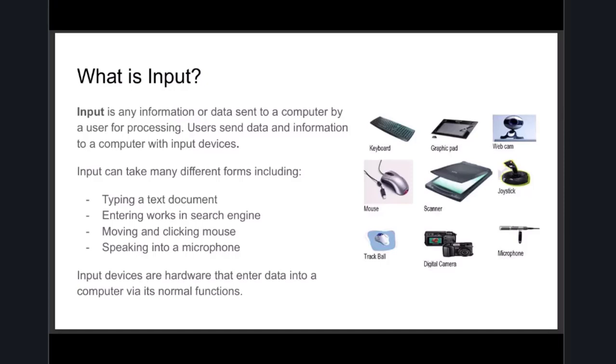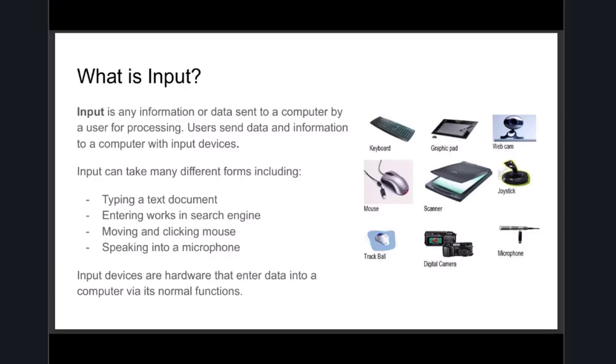For now, we're going to discuss input and the different forms that it can take with a user and a computer. Input is going to be any type of hardware device that allows a user to enter data into a computer. Input can take many different forms. It can be typing, speaking words, moving or clicking on a mouse, microphones, and others.